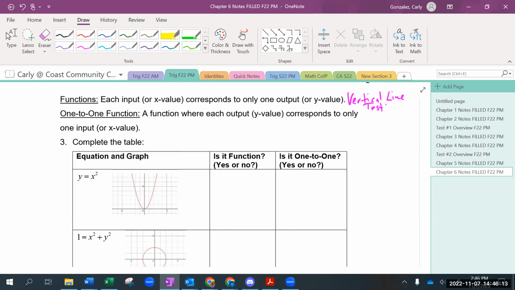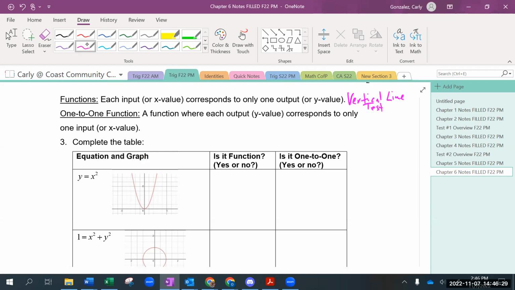Now we're going to look at a certain type of function. Now we're going to have kind of the opposite also be true, where each output corresponds to only one input, or each y value corresponds to exactly one x value.